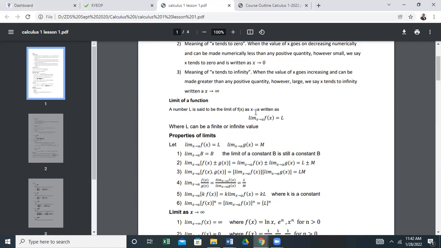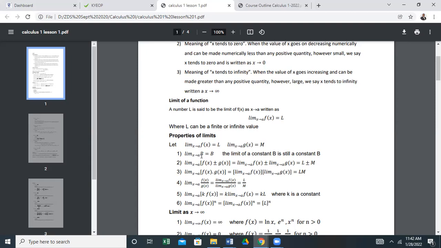The first property is when the limit of x is tending to A for a constant b, then the limit of a constant b will remain at b, or will remain as b.